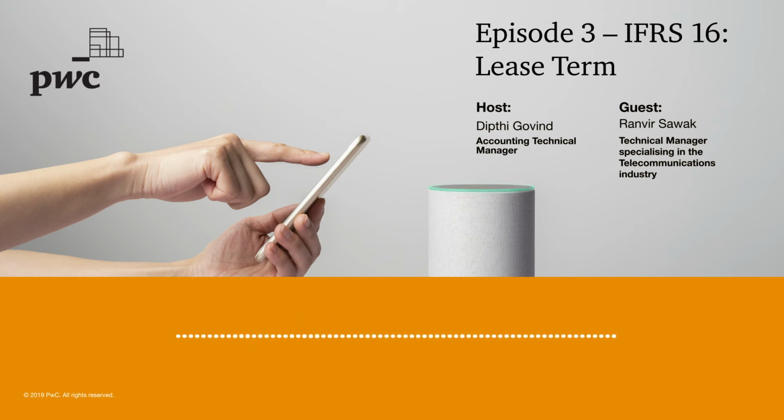We have noted that in some instances, lease arrangements, for example, where an operator has a tower for which the contract has a month-to-month renewal option. How would one go about assessing the lease term in this case? Well, that's quite interesting because this scenario could create a case where the lease term is indefinite or evergreen.